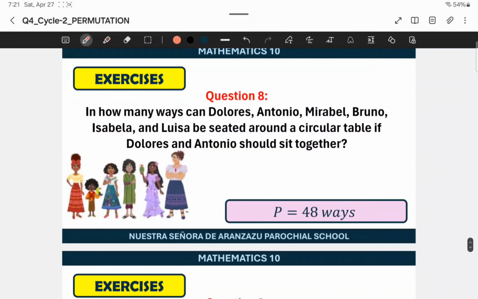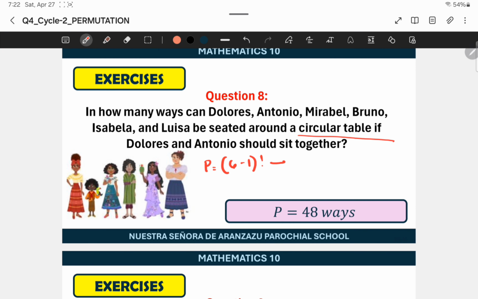How many ways can Dolores, Antonio, Mirabel, Bruno, Isabella, and Luisa be seated around a circular table if Dolores and Antonio should sit together? So dito, kunin mo muna yung arrangement na walang restriction. So, dito, instead na 6 factorial or 6p6 yung gamitin natin, since mayroong circular table dito, we are going to get the permutation of n minus 1 factorial or 6 minus 1 factorial.